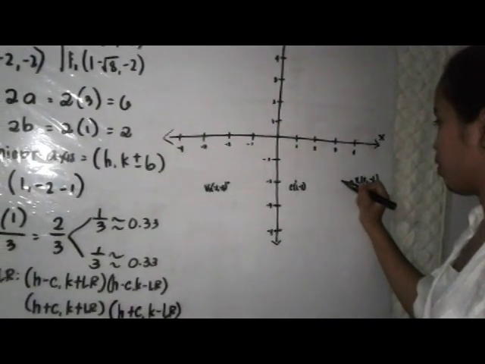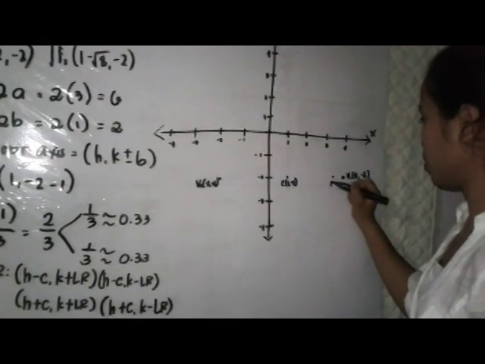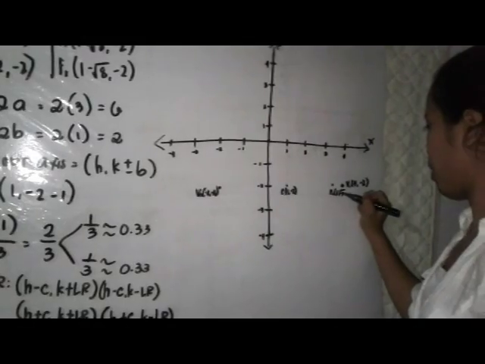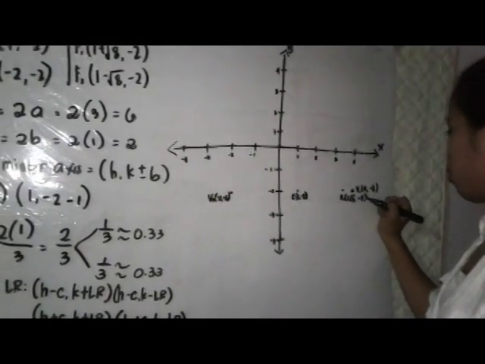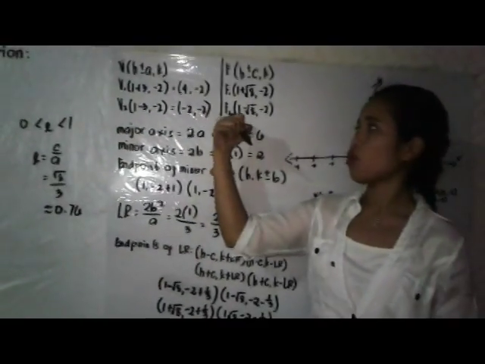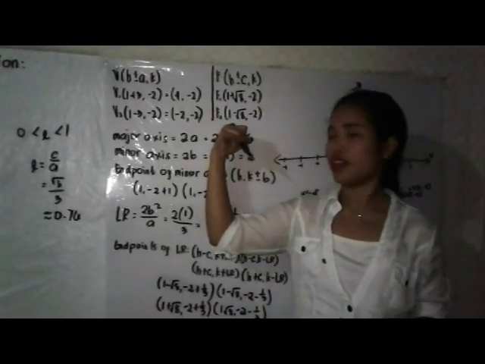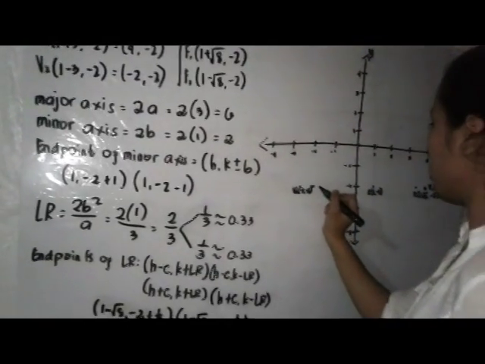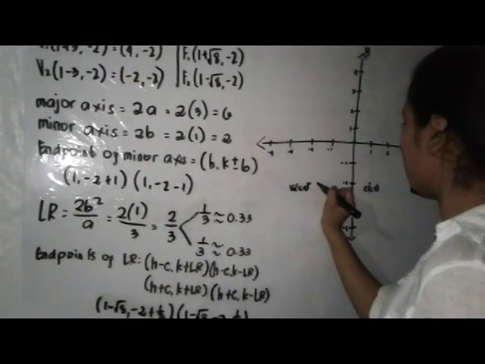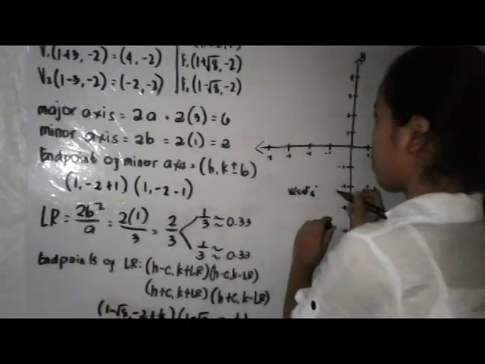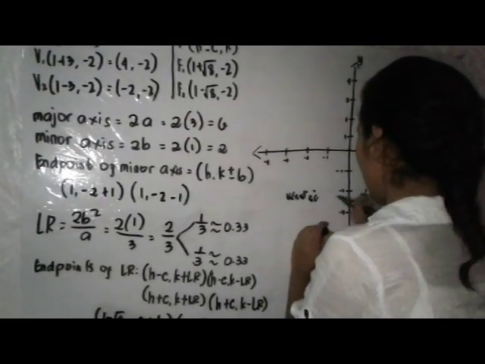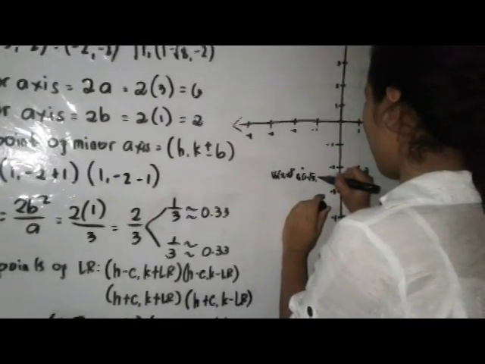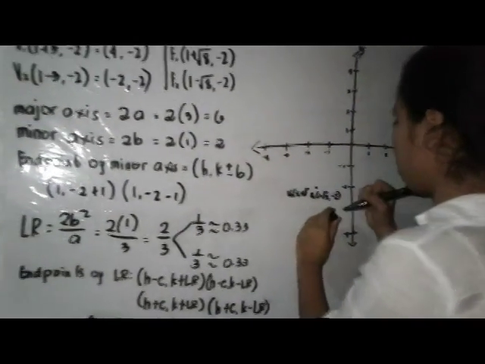This is our focus 1, which is 1 and positive square root of 8 and negative 2. Next is our focus 2, which is 1, negative square root of 8 and negative 2. So we have this. So this is our focus 2. The 1 and negative square root of 8 and negative 2.